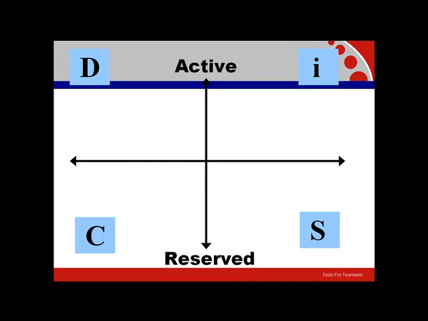But others tend to be more thoughtful, reserved, quiet, or insightful. Some folks tend to have a task orientation, thinking task first, people second, while others tend to have a more people orientation, thinking people first, task second. So these 4 concepts create the 4 quadrants of the DiSC model.